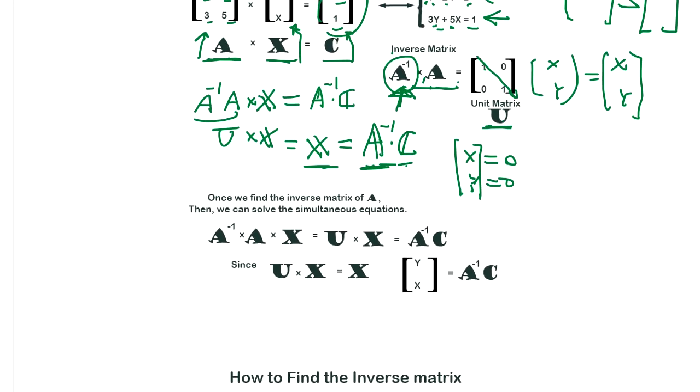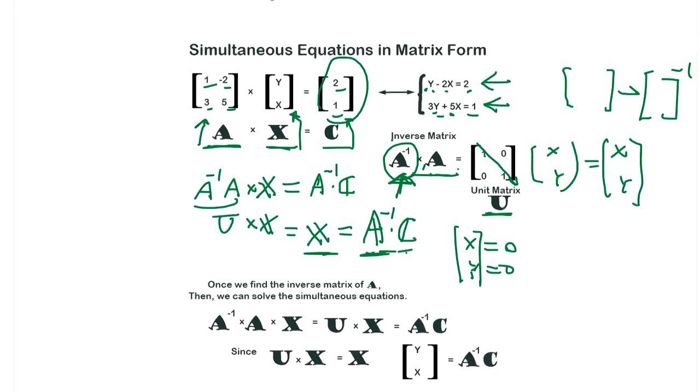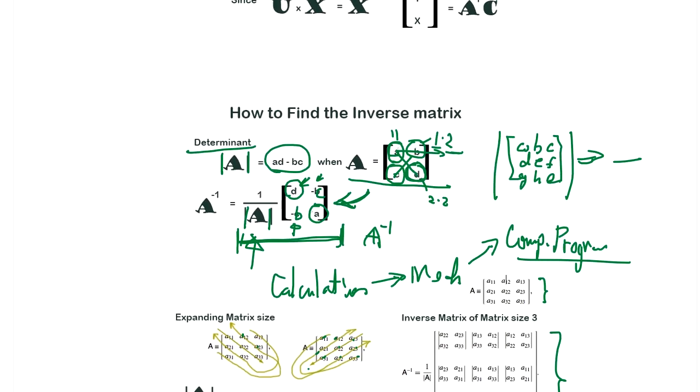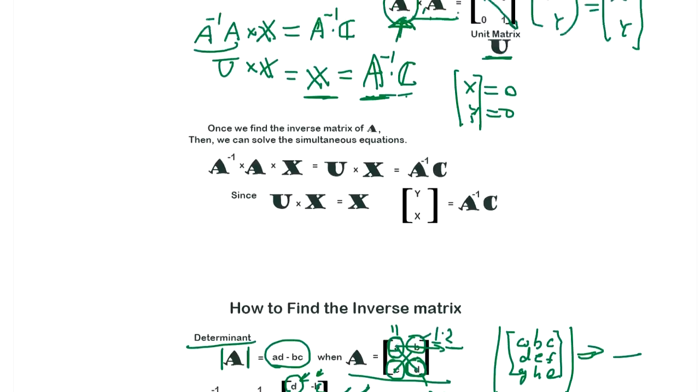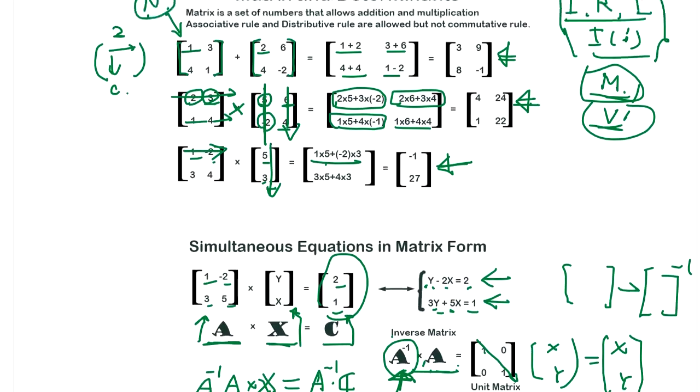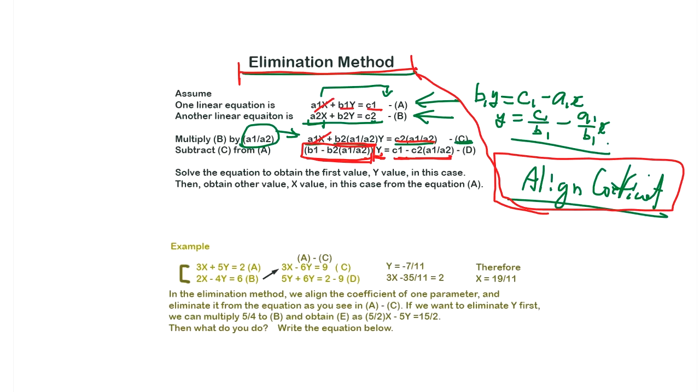Okay? And actually, there is an improved method. Computer science engineers figured out a much easier way to write a computer program. And what it is, is the elimination method. This is much easier to write a program.